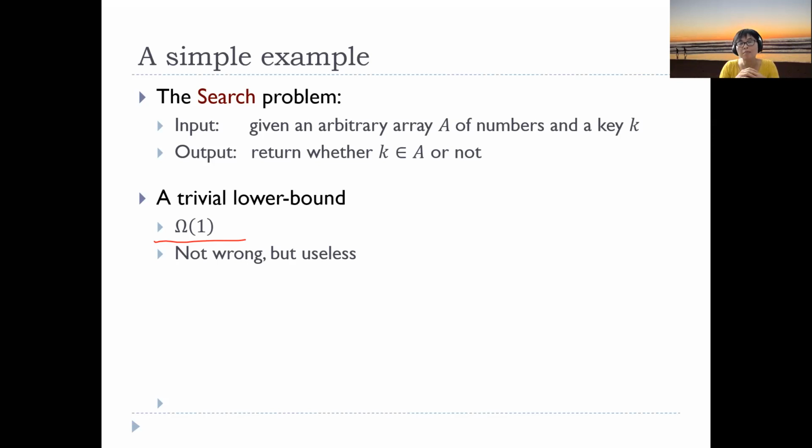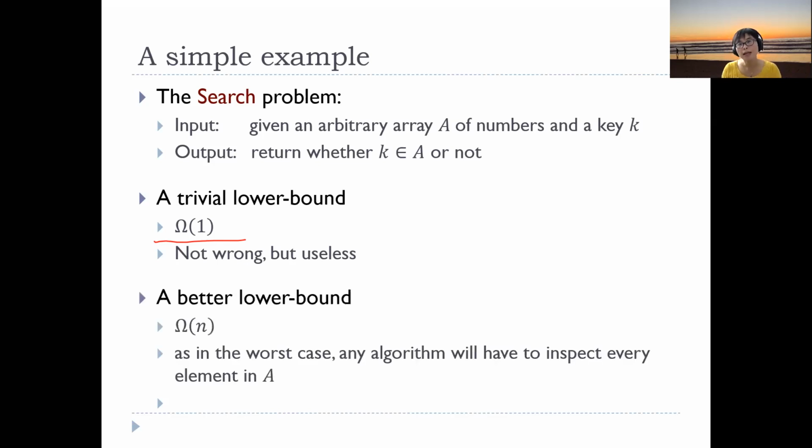So if we know nothing about the input array, then unfortunately in the worst case we have to check all entries. Of course, we can be lucky and find it when we check the first one, so that's a good case, but in the worst case we're not lucky, and we have to prepare for the worst, where we check every element. As a result, the lower bound for the search problem is linear.